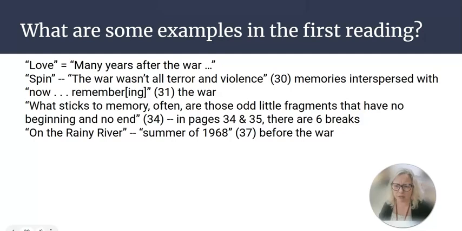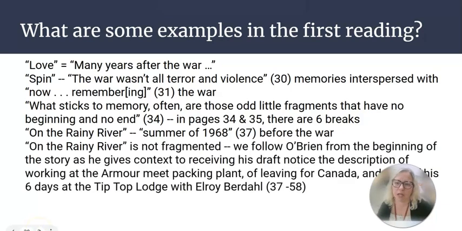On the Rainy River is the next chapter after Spin. And in this chapter, we go all the way back to before the war, the summer of 1968, when Tim O'Brien, the character, gets his draft notice. And so this is another really good example of the non-chronological structure.